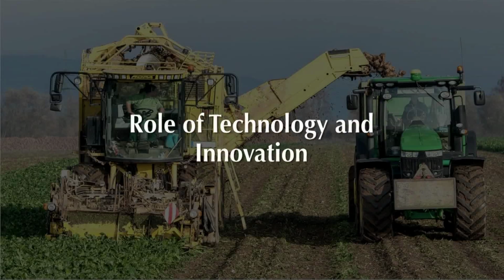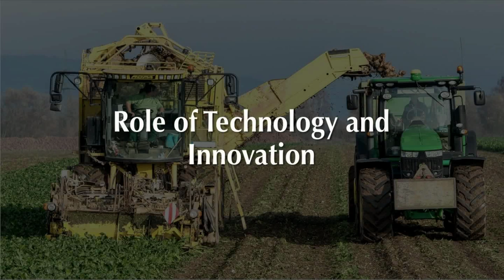Now we'll discuss the role of technology and innovation. In the age of technology and innovation, these two factors have a huge impact on productivity as well as production of agricultural products and ensuring food availability.